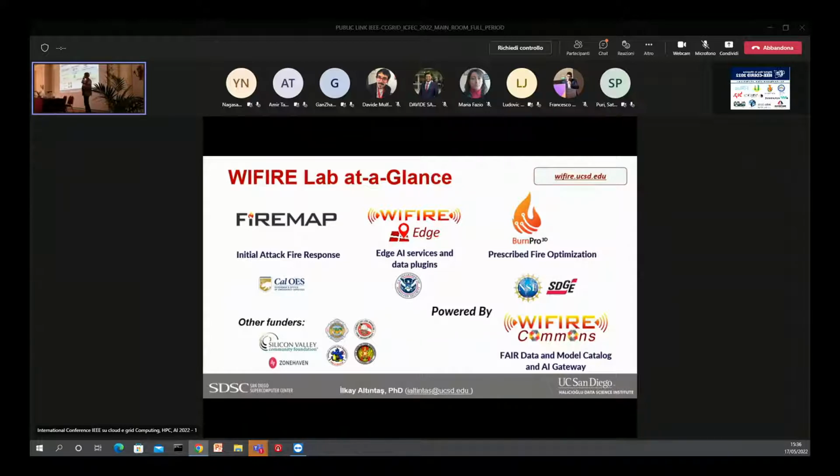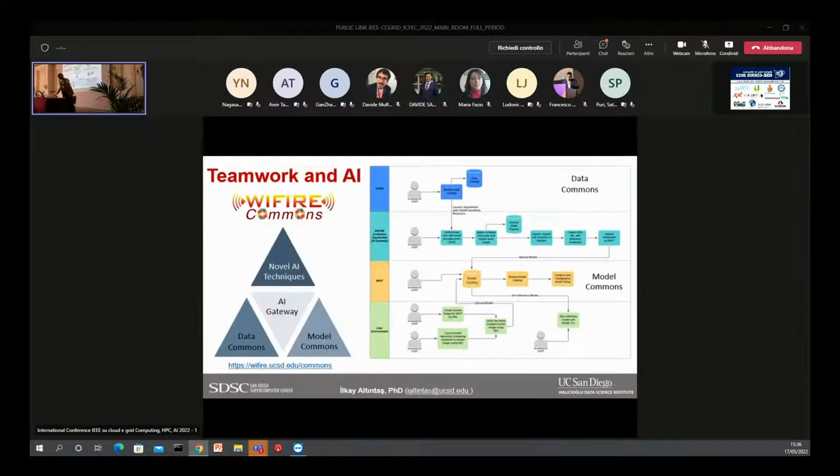So all these three are actually different types of modeling for AI and fire science. And remember, I talked about collaborative environments and making transparency in the environment. They're all powered by that same environment that makes data and computing and models and a gateway that can do AI available to the science.